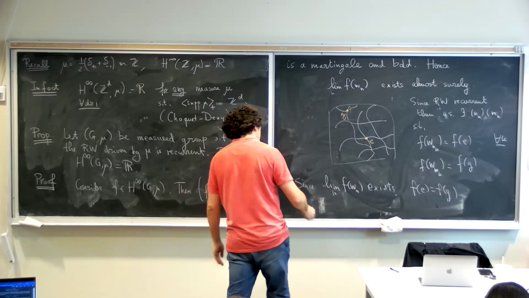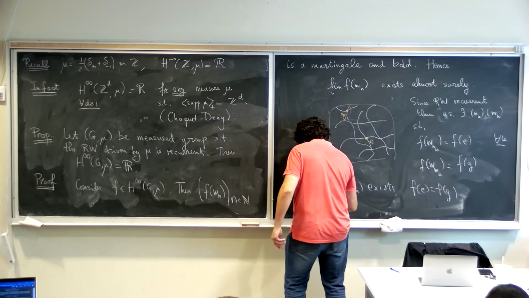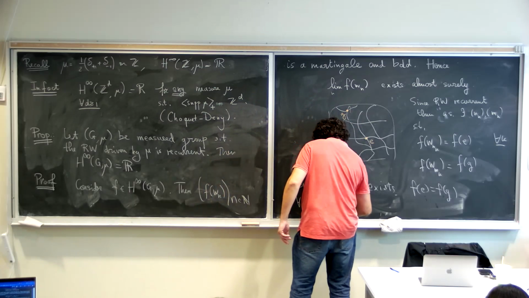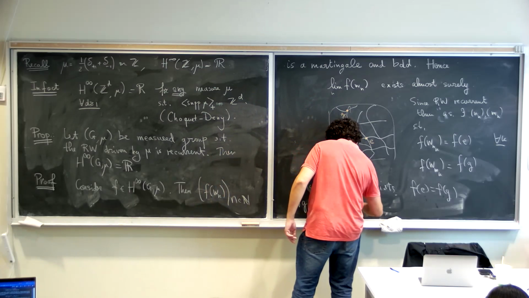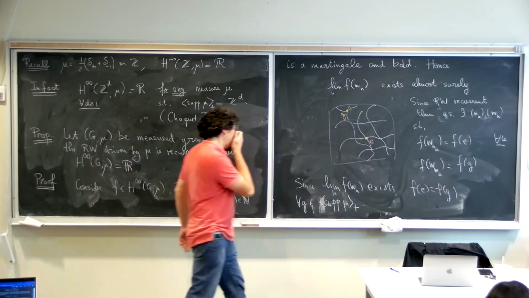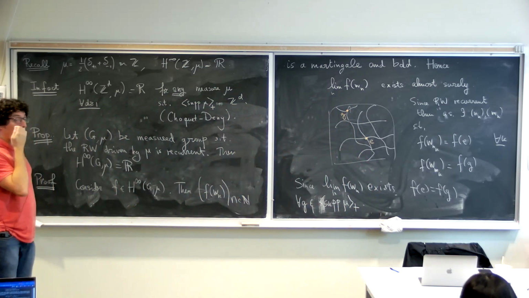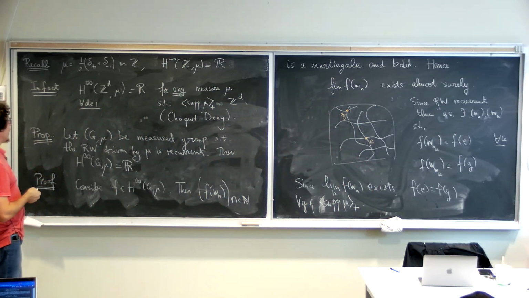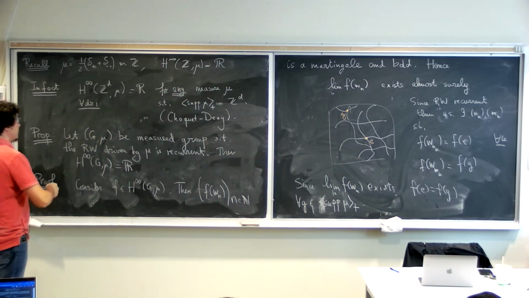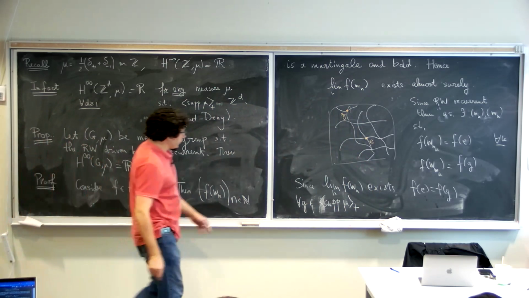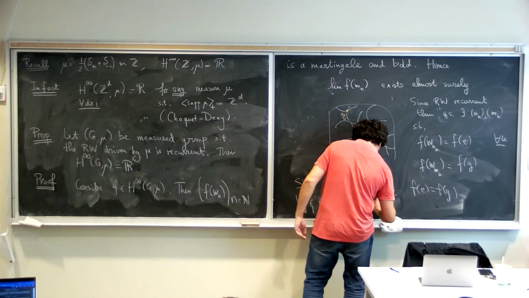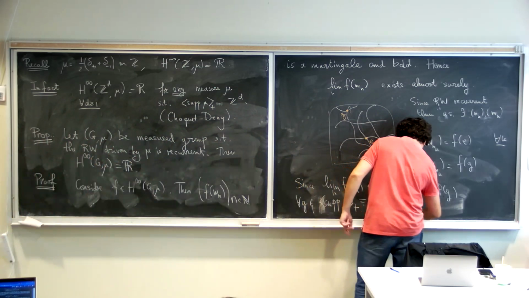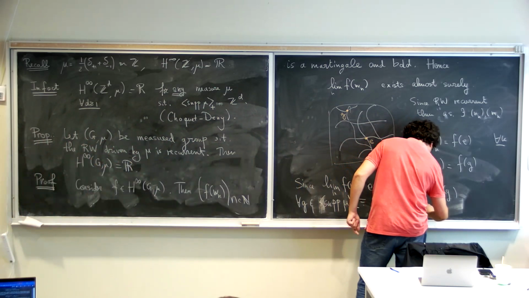So this holds for every g in the semigroup generated by the support. We assume that this is the same as the whole group. So f is constant.